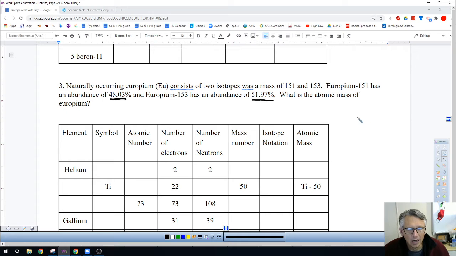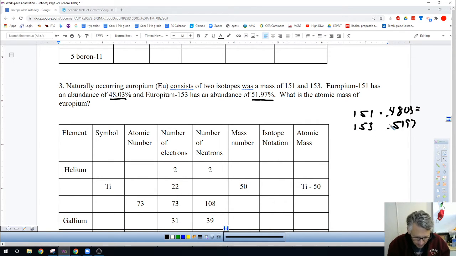Okay, so of the 151, 48.03%, and we're going to turn that percent into a decimal, 0.4803, and we have 51.97 of the 153.